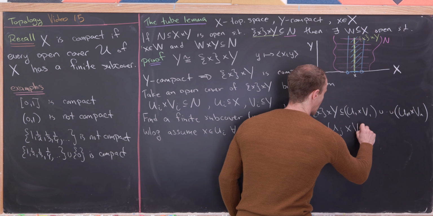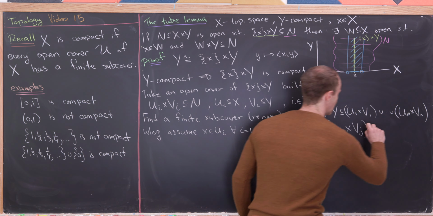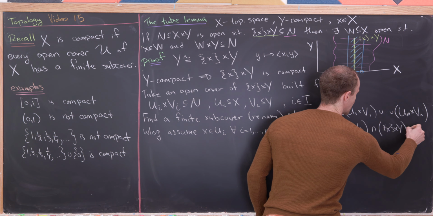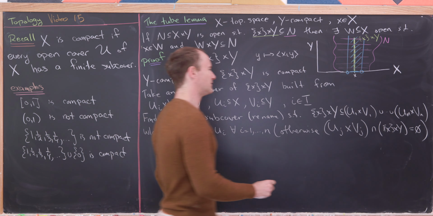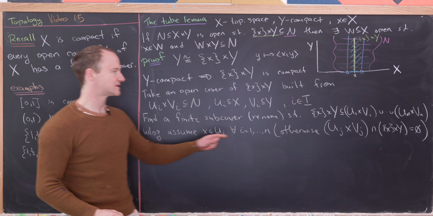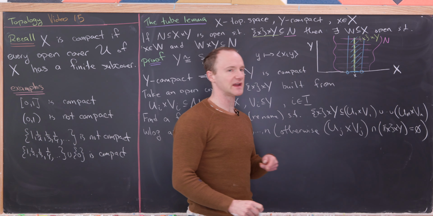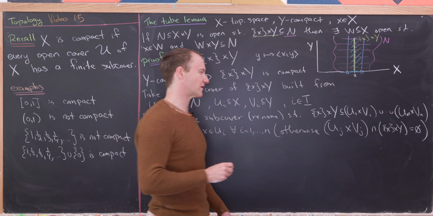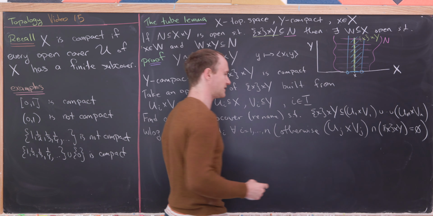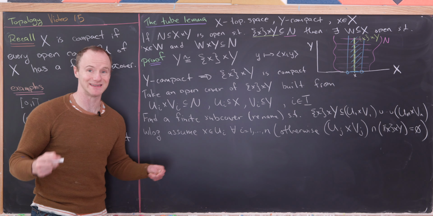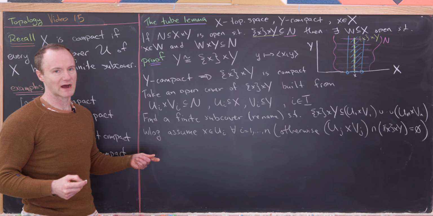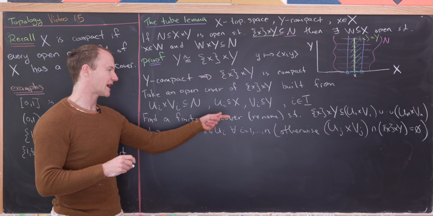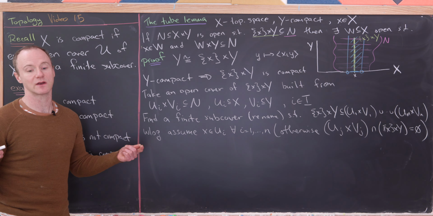Then U_j cross V_j intersected with our X cross Y would be empty. But that's kind of boring because U_j cross V_j would be one of the sets from our open cover, and if it doesn't intersect the thing that we're trying to cover, then we don't need it. So we might as well only keep the ones that contain this point x, because otherwise we don't need them.